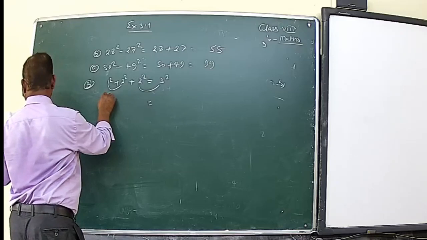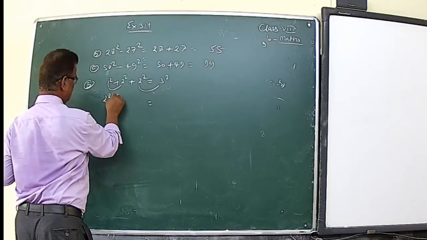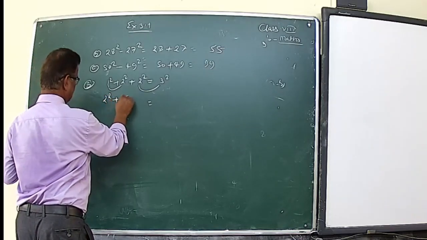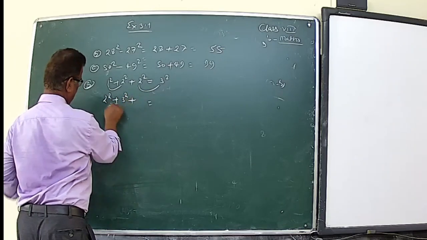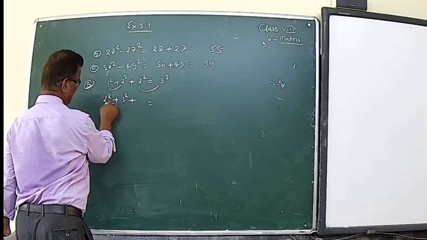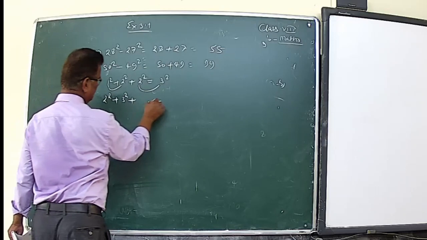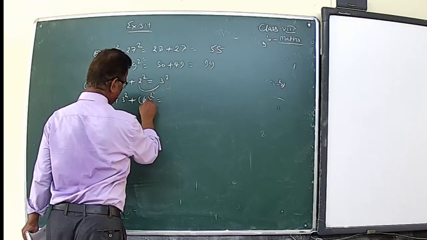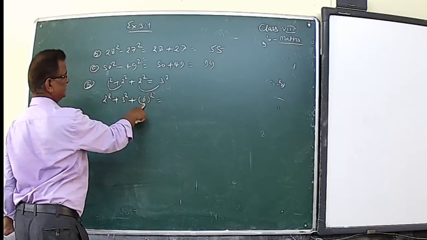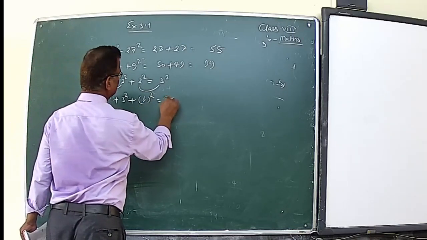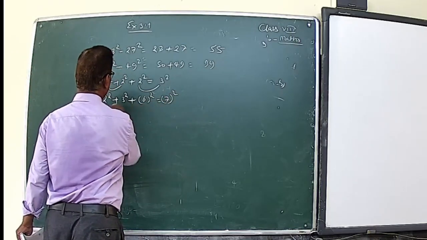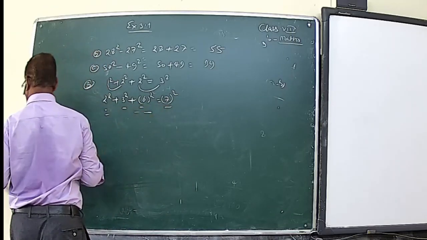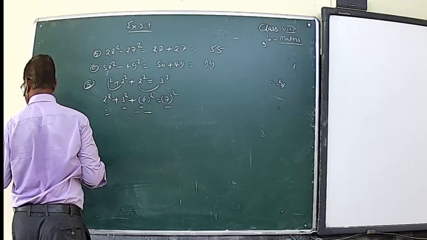Then 2 squared plus 3 squared, and here the product of 2 and 3 is 6 squared, and then add 1, the successor of 6 is 7 squared. Like this, the pattern is given.